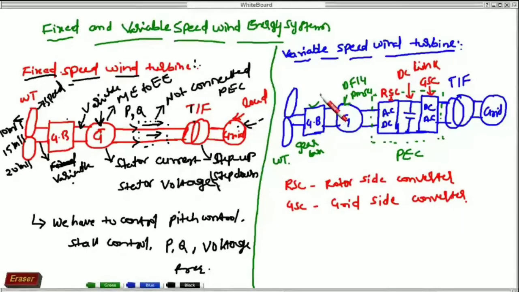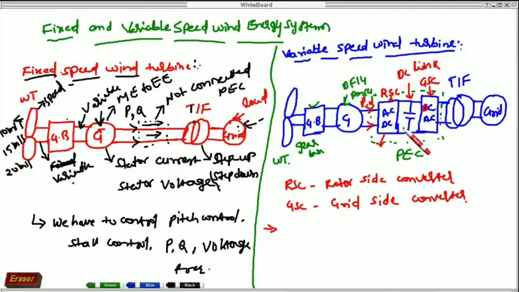If we are using power electronics converters here, we have to control the power flowing in this direction only, whatever the active and reactive power. Here we convert AC to DC, so it is DC power. Then it regulates the DC link. After that we connect the DC to AC converter.